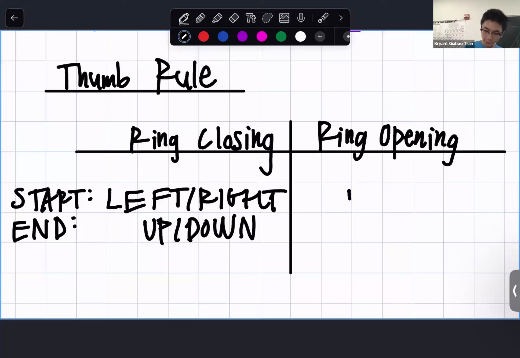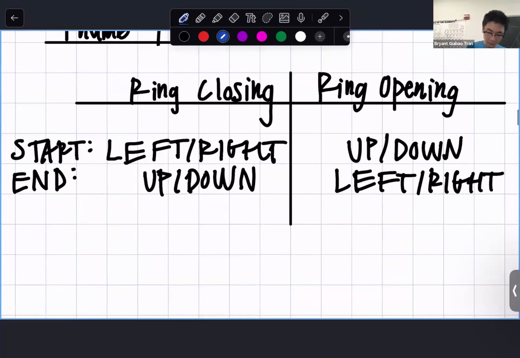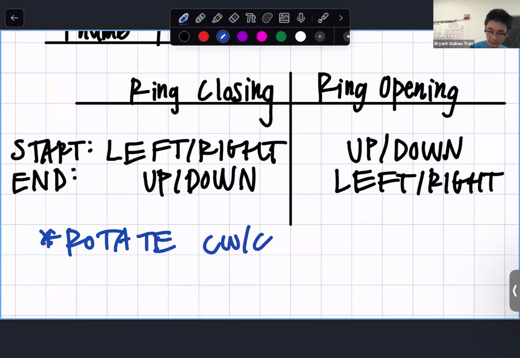For ring opening, you're going to start your thumbs in the opposite way as ring closing. You're going to start up or down, and then you're going to end your thumbs left or right. And in all of these reactions, you always rotate either clockwise or counterclockwise.